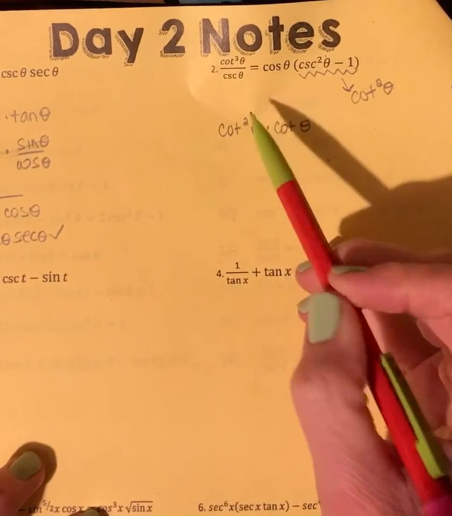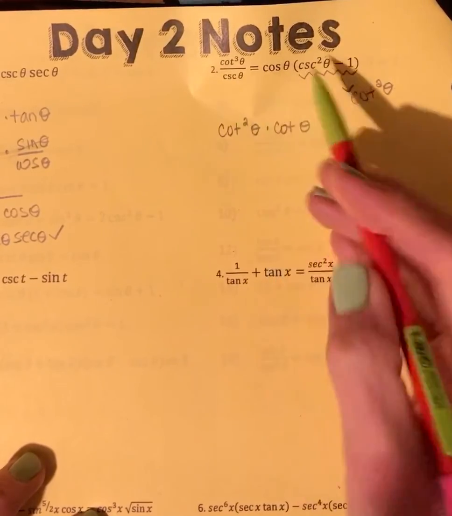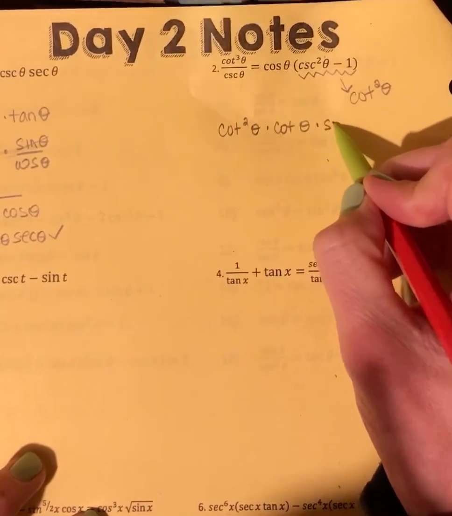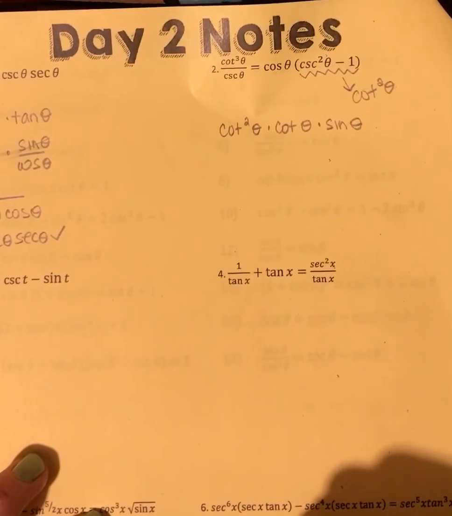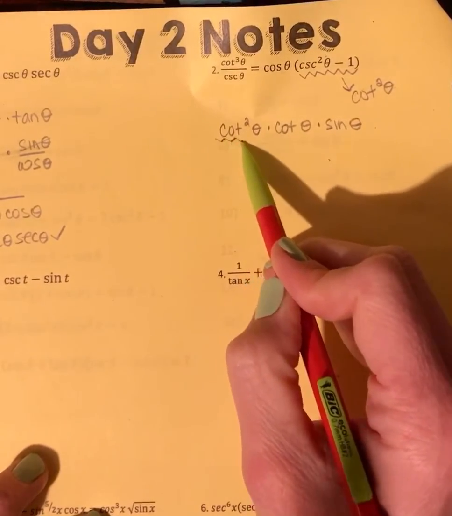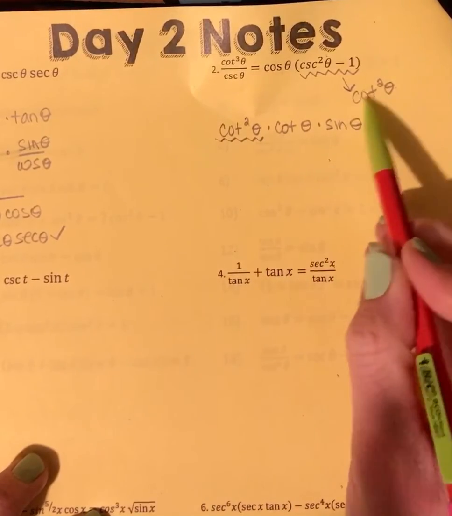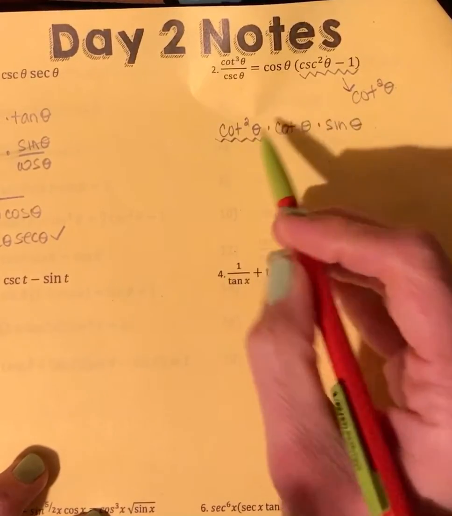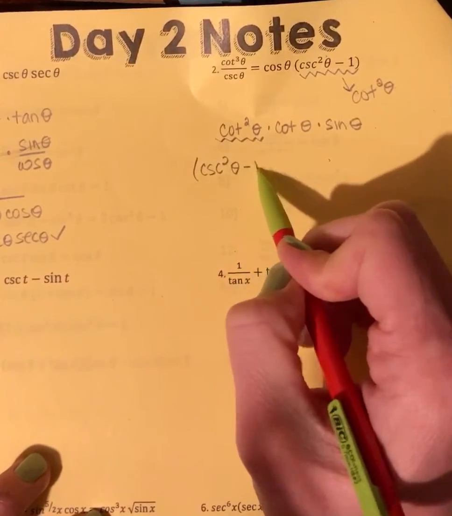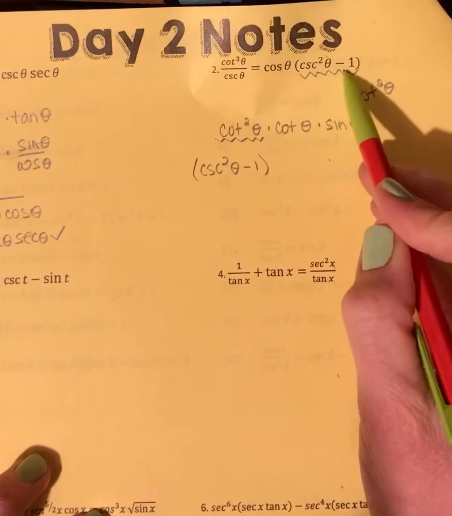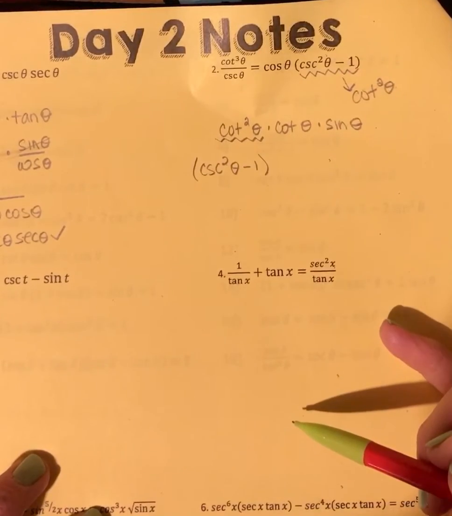Okay. Now, cosecant in the denominator, I can bring that up as sine theta in the numerator. Now, cotangent squared, I knew that I already wanted that, so I'm just going to rewrite that as cosecant squared theta minus 1 because I already have part of what I needed on the right side.